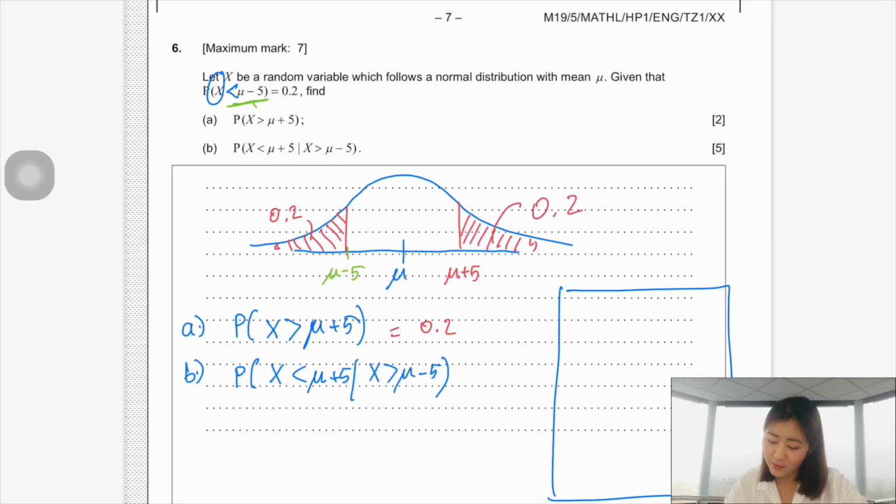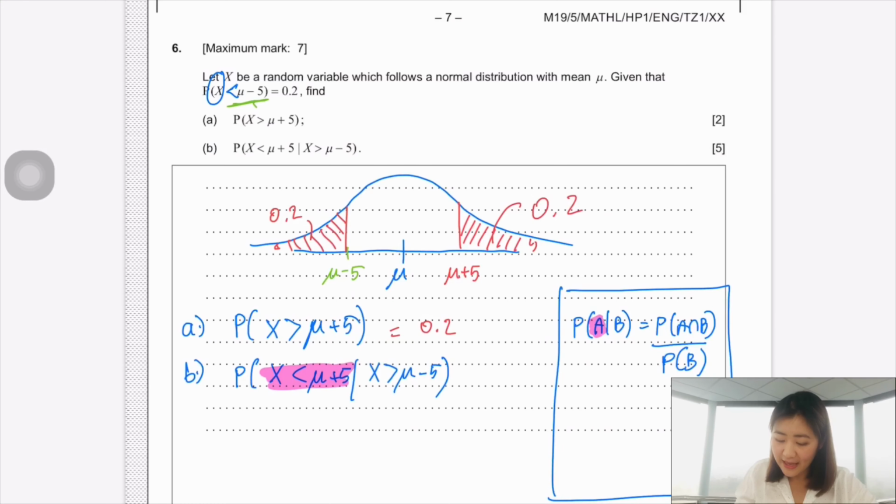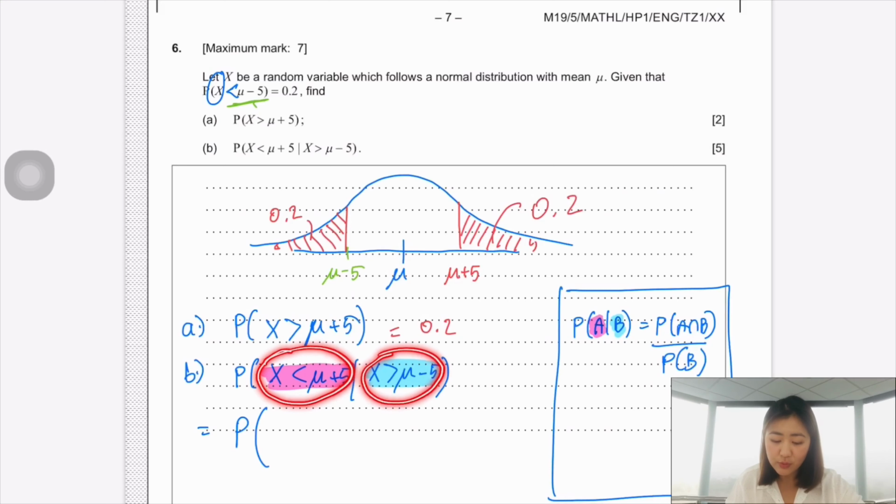You have this formula: probability of A given B equals probability of A intersect B over probability of B, right? So for this one, what is A? This statement is A, and this statement is B. So this would equal the probability of A intersect B over probability of B. When we intersect these two statements, what would it be?